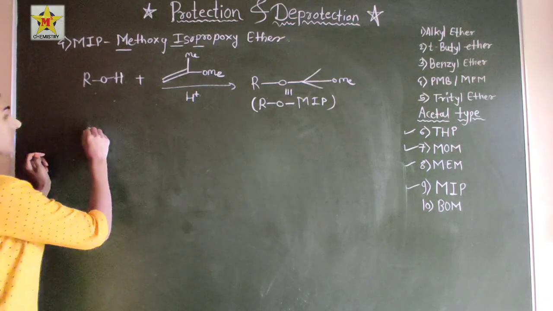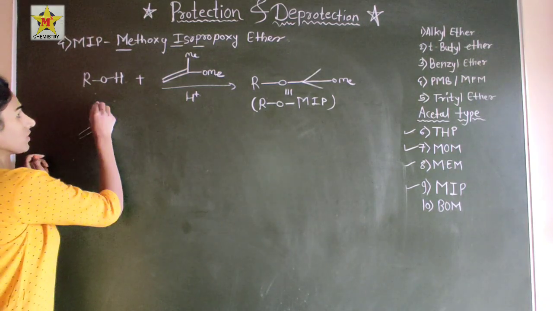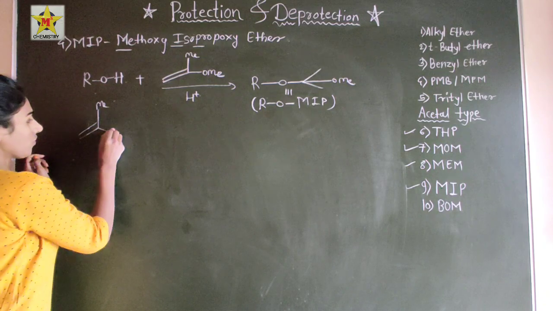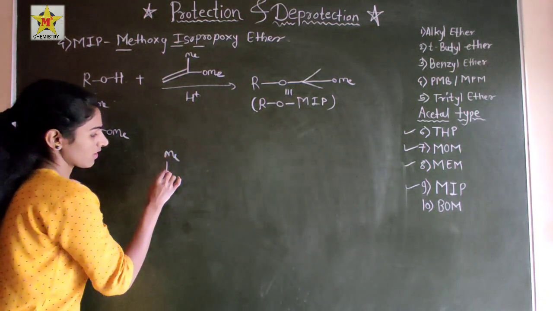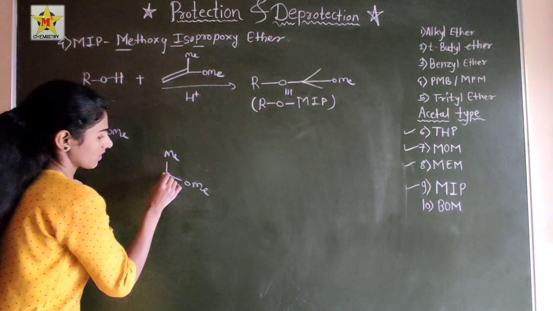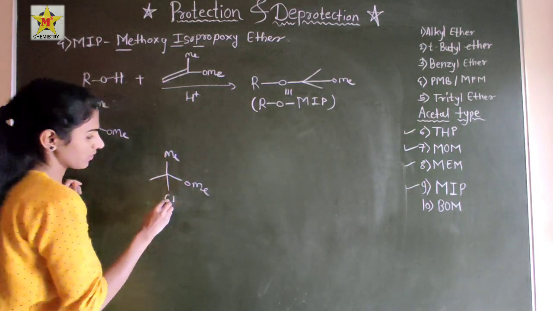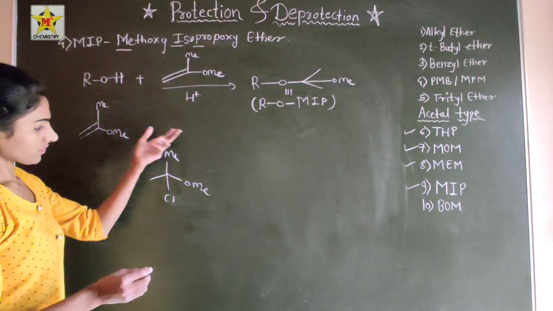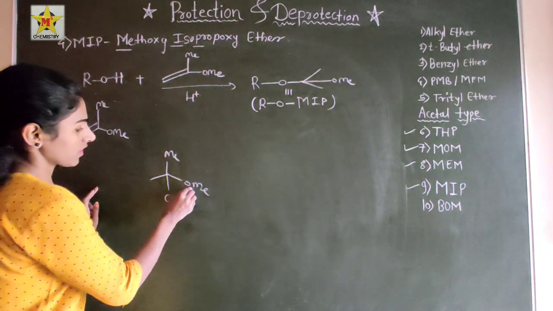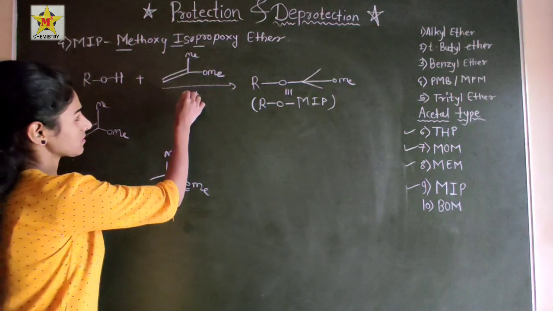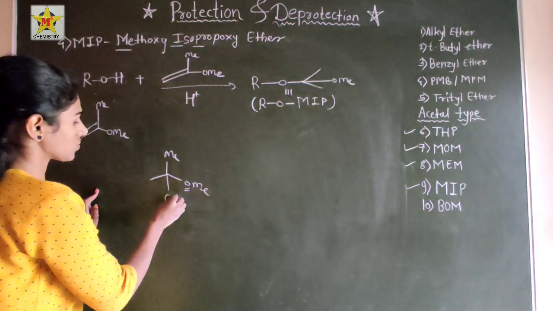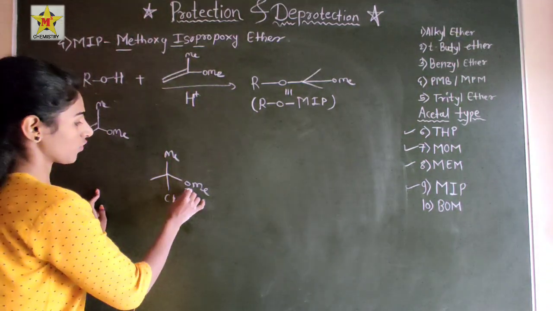Its mechanism is like this. This alkene group Me or OMe. We are not going to use the methyl and Cl version, because there is more crowding, and this oxygen also shows hydrolysis in presence of this H plus. So another reaction is formed.